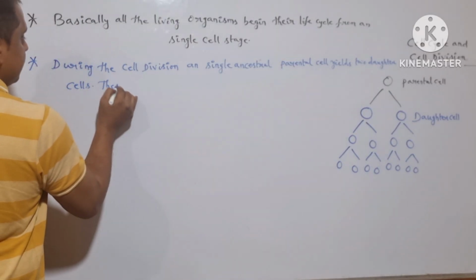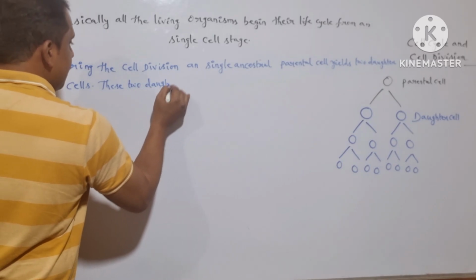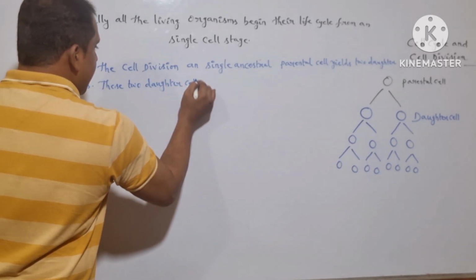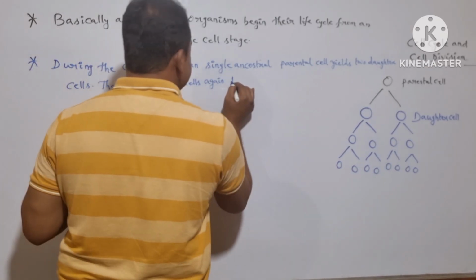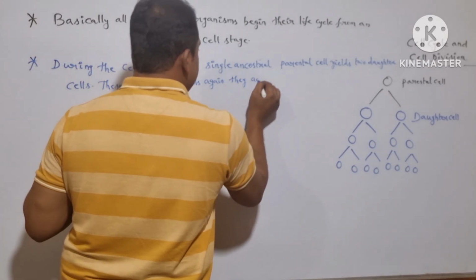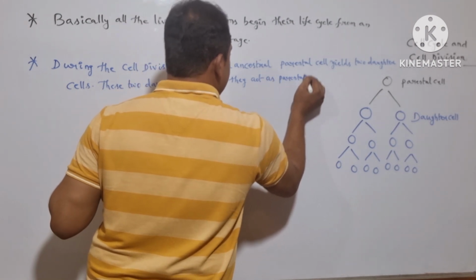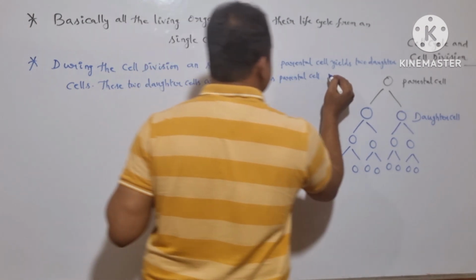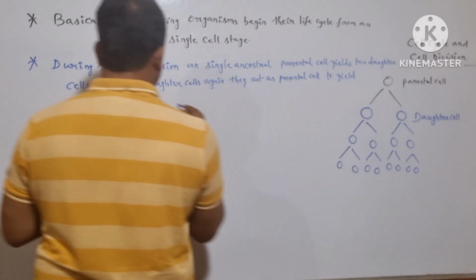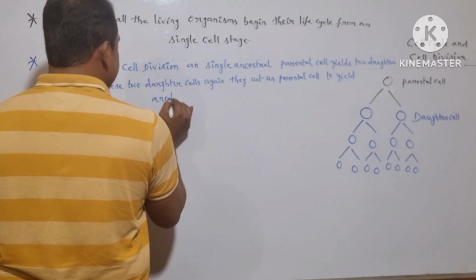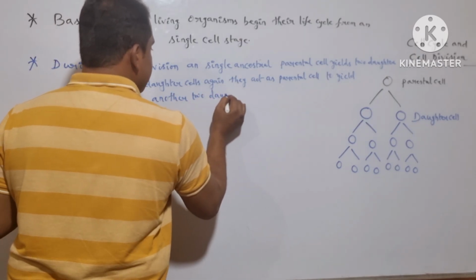These two daughter cells again act as parental cells to yield another two daughter cells, right?